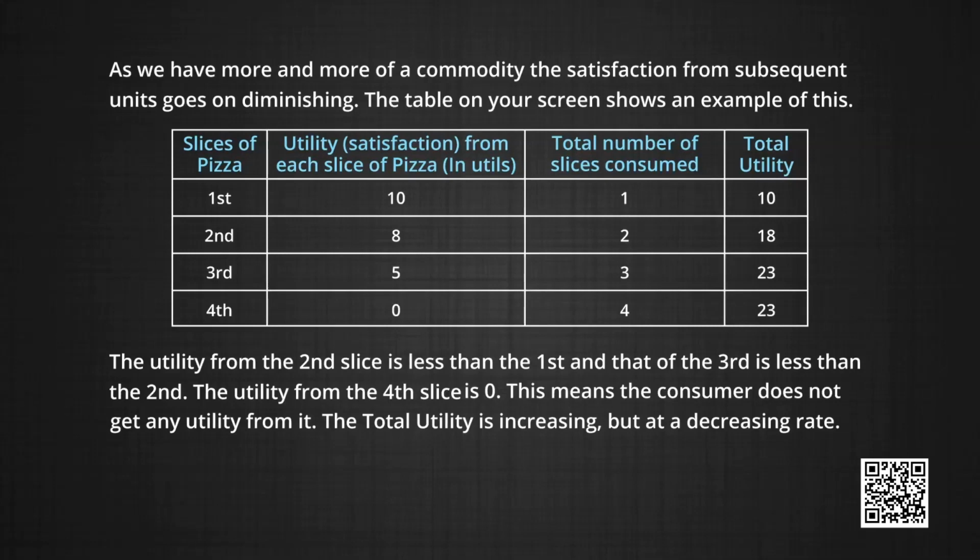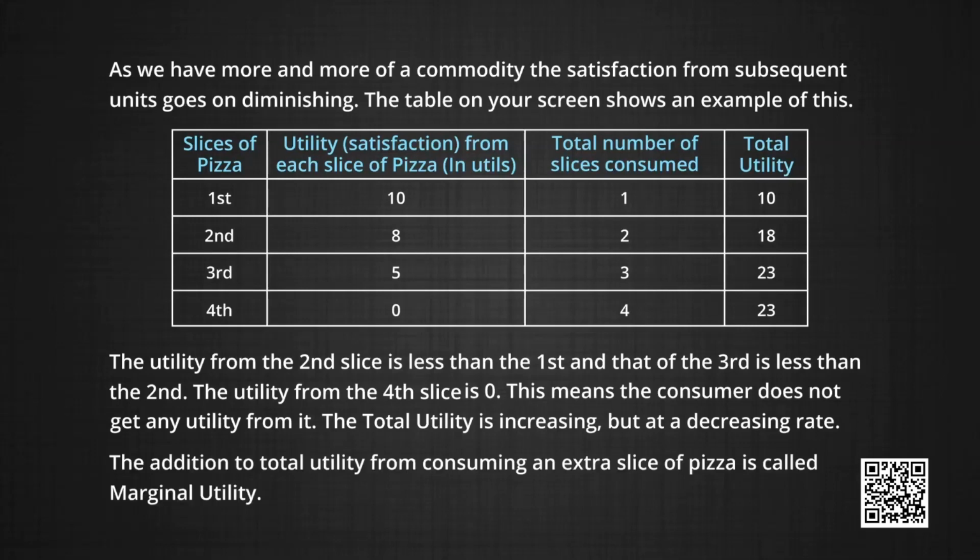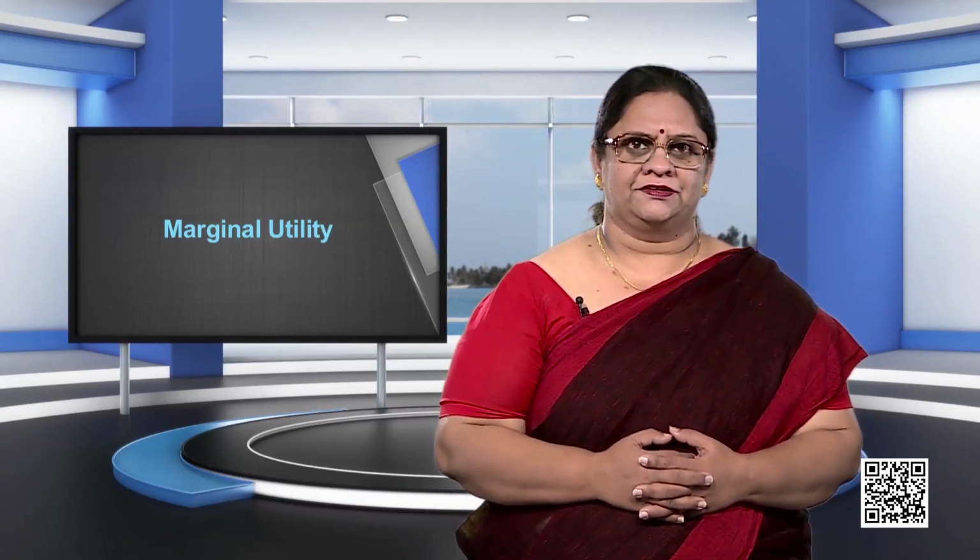The total utility is increasing, but notice that it is increasing at a decreasing rate. The addition to total utility from consuming an extra slice of pizza is called marginal utility. In other words, marginal utility is the addition to total utility for each unit increase in consumption.